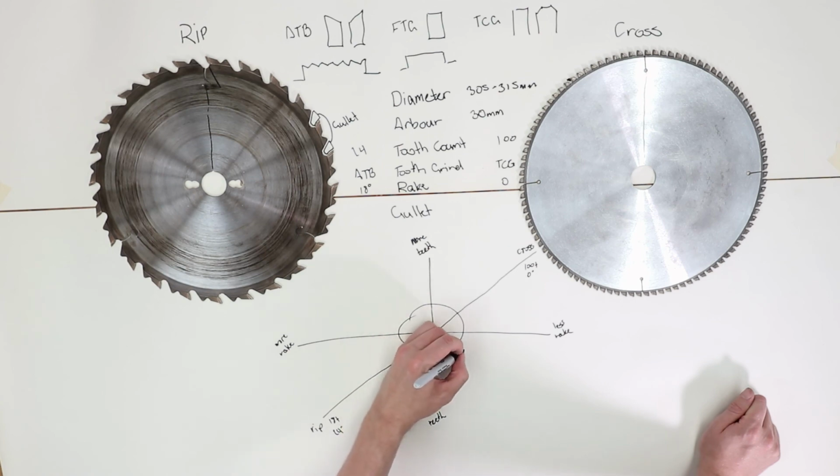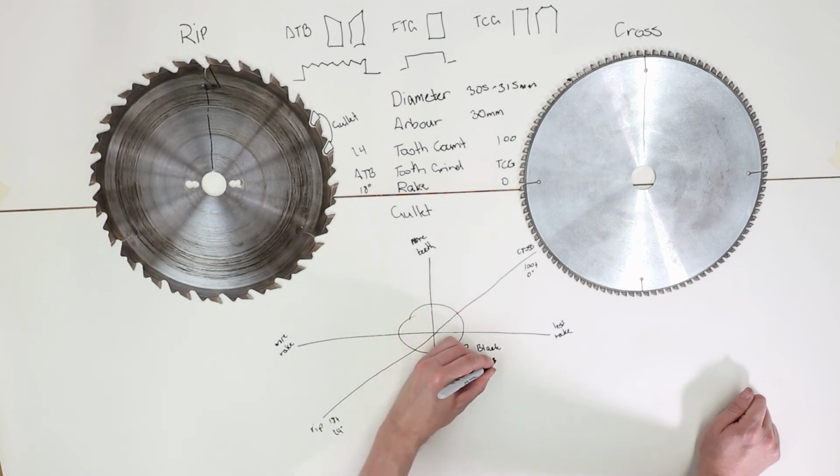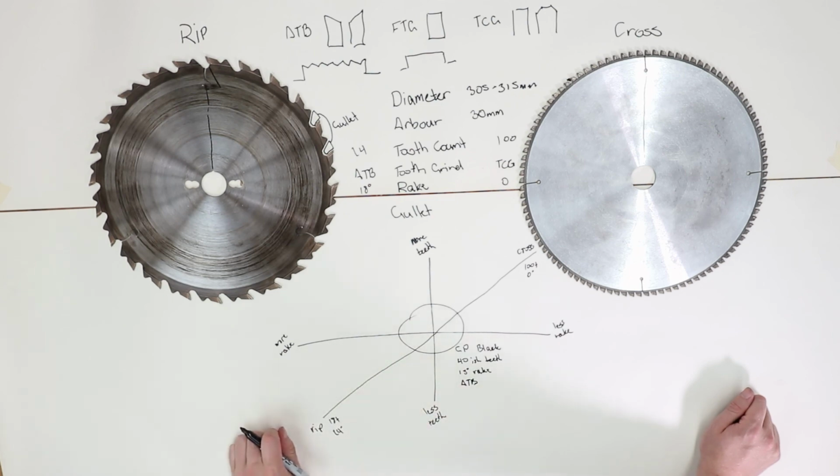A general purpose blade, somewhere in the realm of 40-ish teeth, some fairly neutral 15-degree rake, and it's probably an ATB. That's your general purpose blade. That's what most of you will use most of the time. And then as you try and do specialty things, you'll go up and down this line.